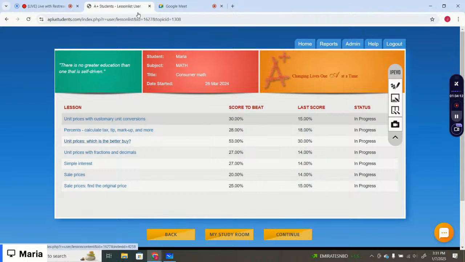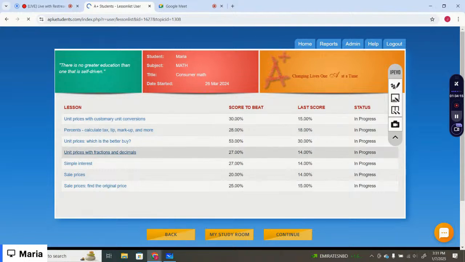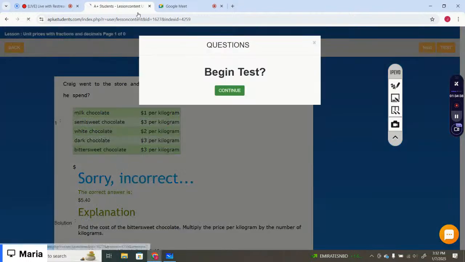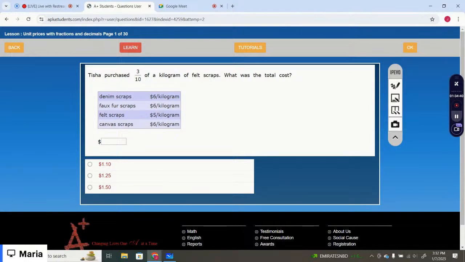The next lesson is unit prices with fractions and decimals. Let's just start with the test questions.